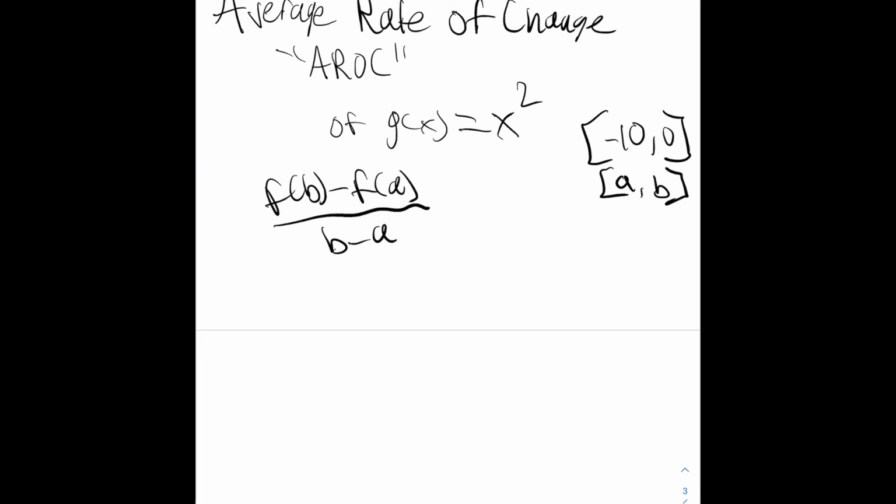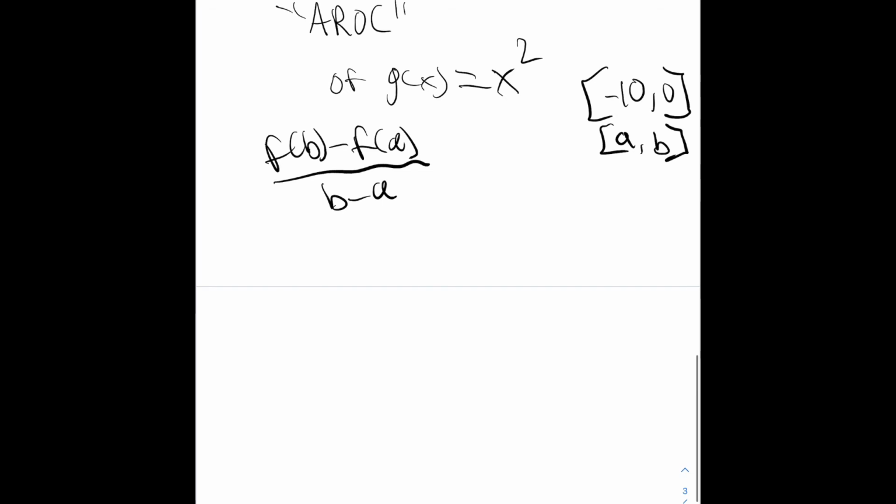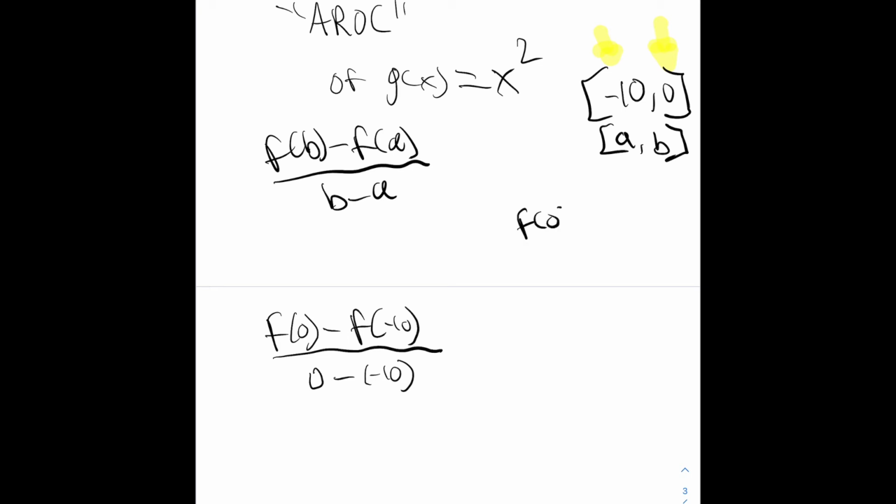So what we're going to do is find the slope of the secant line. My 2 points, I have point 1 and I have point 2. So the slope of my secant line, which is these 2 points, if I'm just writing in my equation, is f of 0 minus f of -10 all over 0 minus -10. And I should probably do some side work. What is f of 0? What is f of -10?